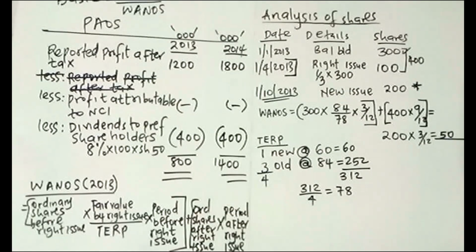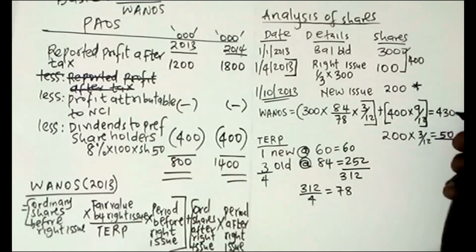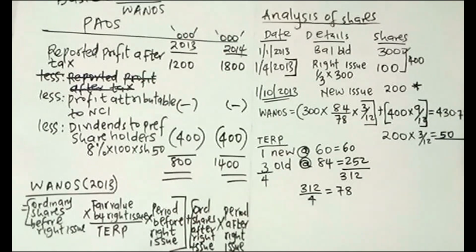300 times 84. So I can see someone is saying 430.77. Is that confirmed for us? It's confirmed. That is okay, Martin.